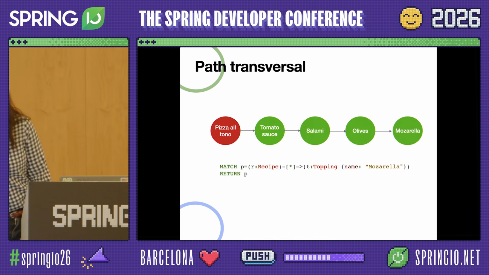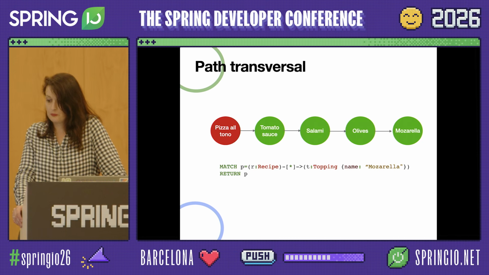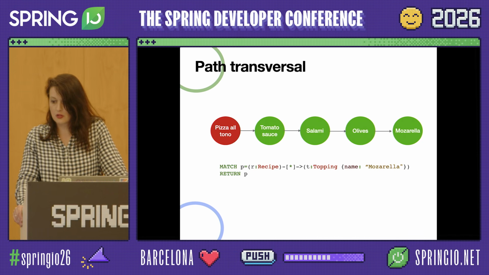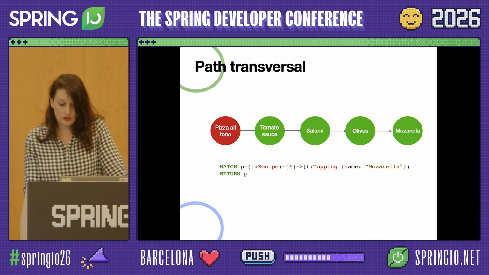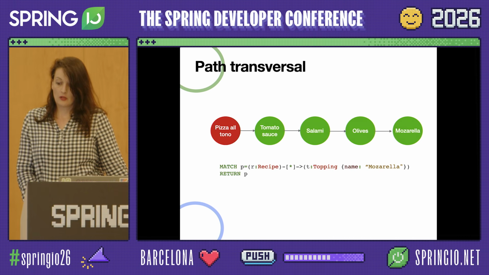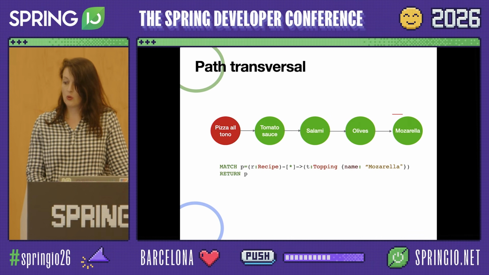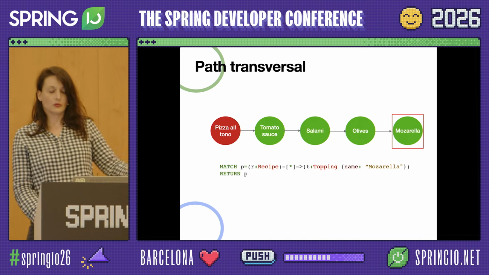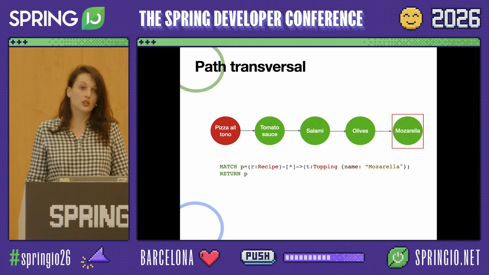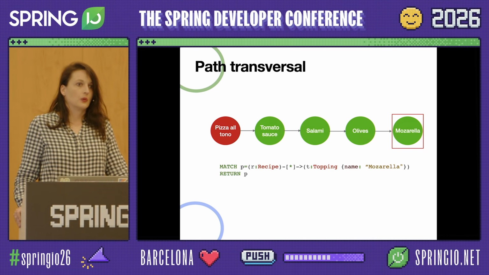Another thing that you should be aware of in a graph is path traversal. If you model a graph that looks functionally correct, for instance, this one is a graph modeling how you can build up a pizza. But then your business will always want to ask which kind of cheese will be on the pizza, which is a leaf node in this example.